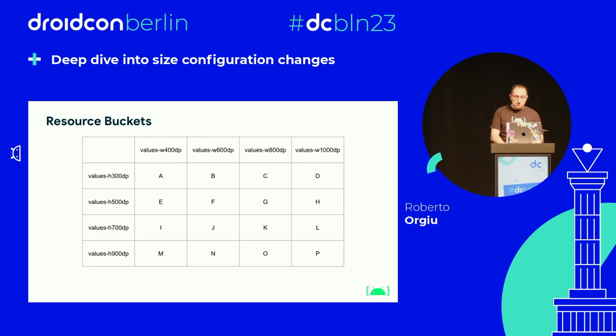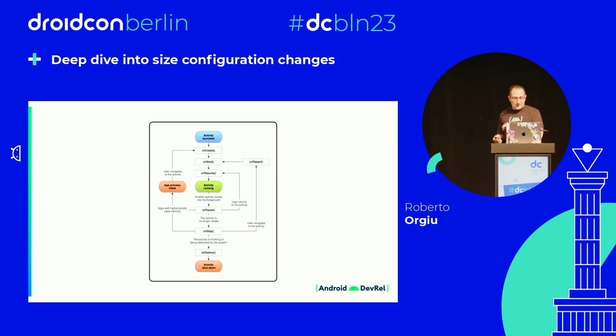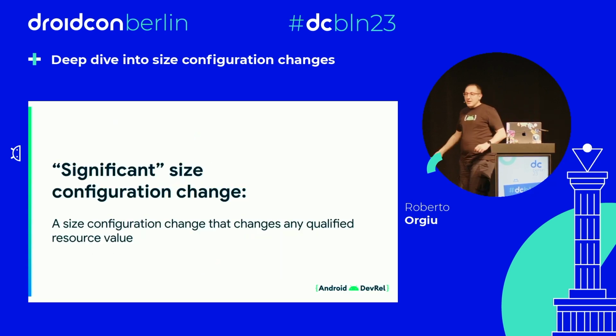So things changed. Wait, I touched something I should not. OK, back to here. Before we start thinking about how things really changed, we need to explain why size changes are special. They are a special case, because we have a concept of significant configuration changes.